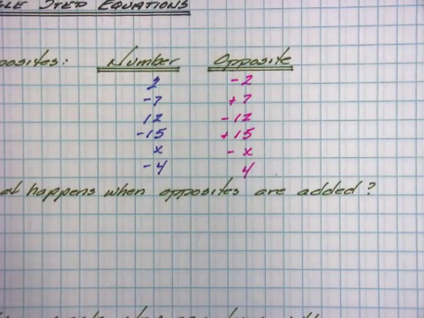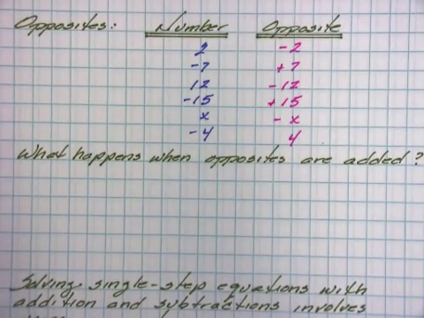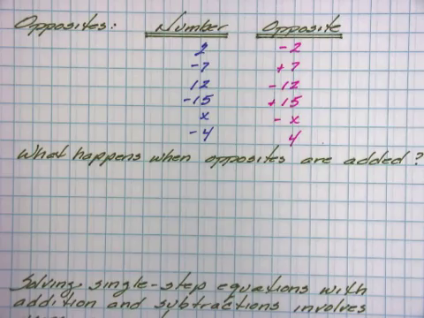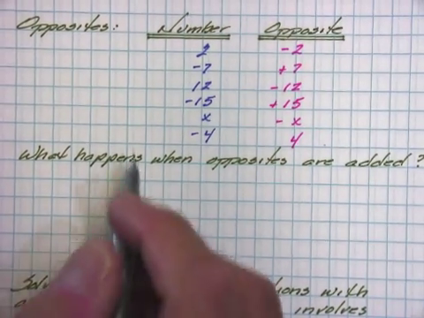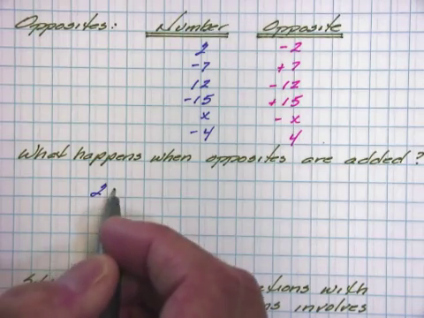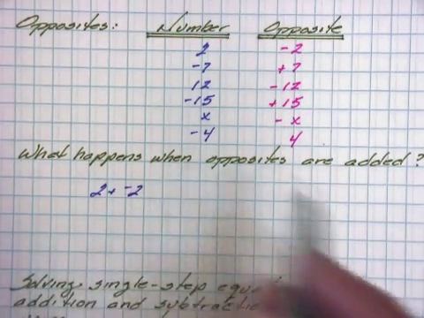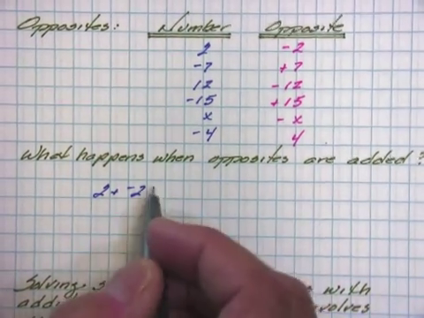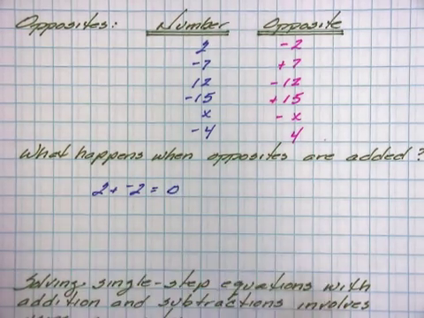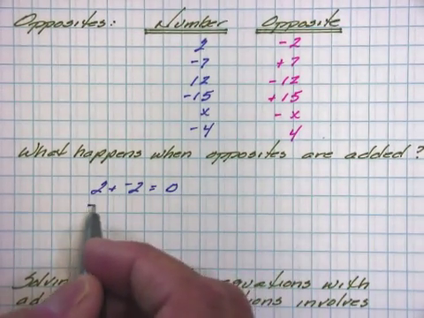Now, what happens when opposites are added? This is really the crux of the whole lesson right here. When you add opposites, things cancel out. So if I go 2 plus negative 2, again, you should be looking at this going, oh man, that's so easy, that's 0.